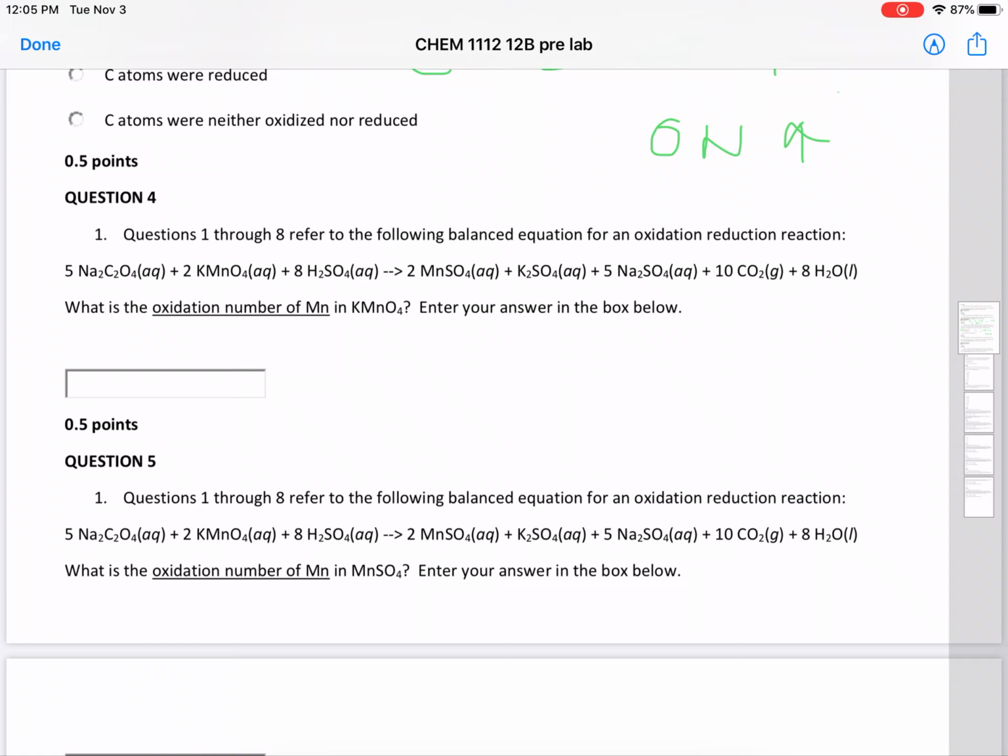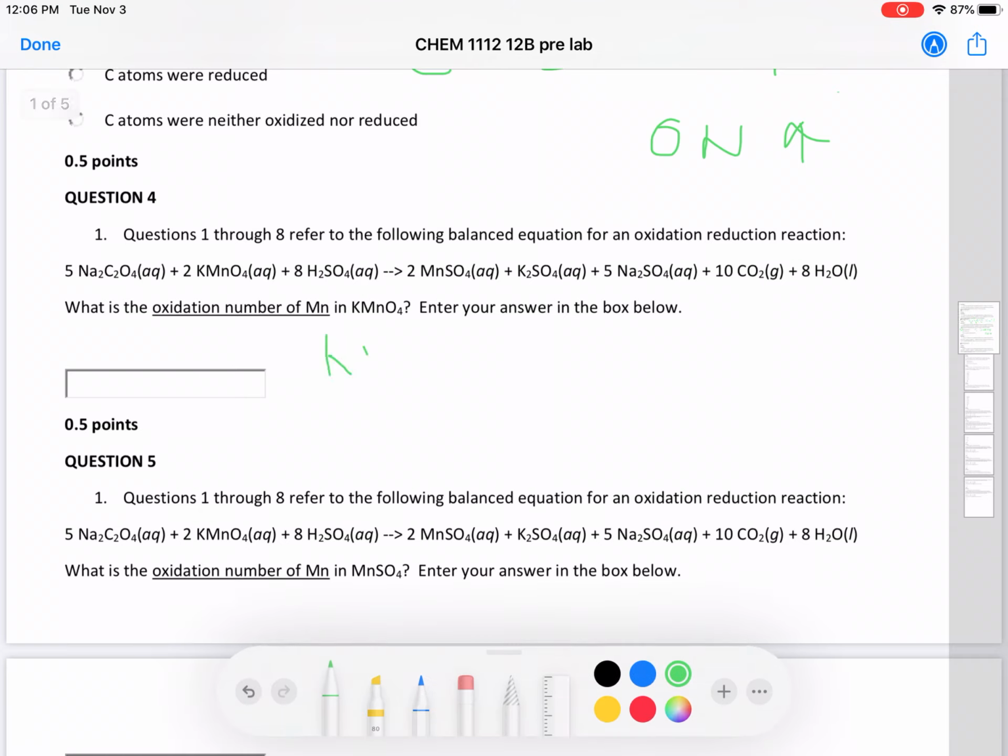If you break potassium permanganate, KMnO4, into ions, there would be K+ and MnO4. Permanganate is a polyatomic ion, MnO4, and it has a charge, MnO4 minus.